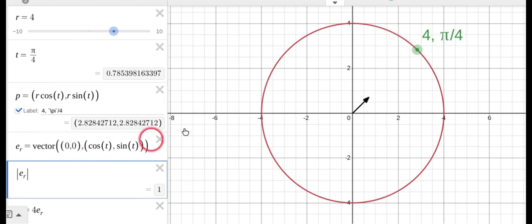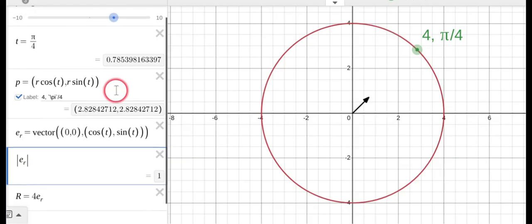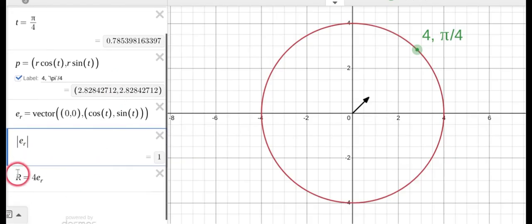So if you said, I've got the point 4 comma pi over 4, and I want to plot a vector from the origin to that point, well, that's what we just proved: all you need for that position vector is to count the number of E_r basis vectors in the direction of that point. So if we plot r equals 4, that's r E_r, we just count up 4 E_r's. That's what that vector looks like.